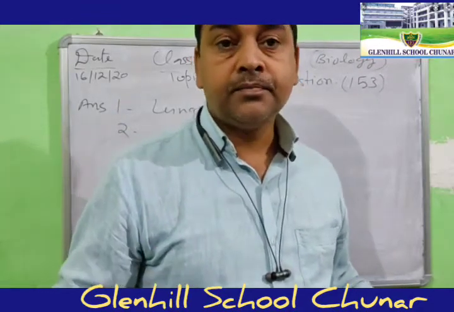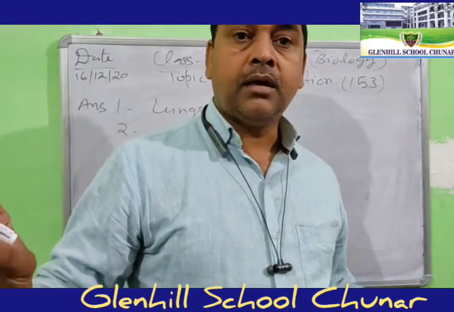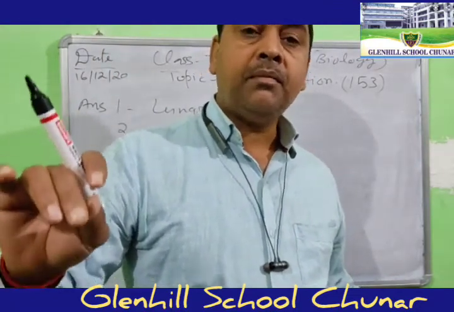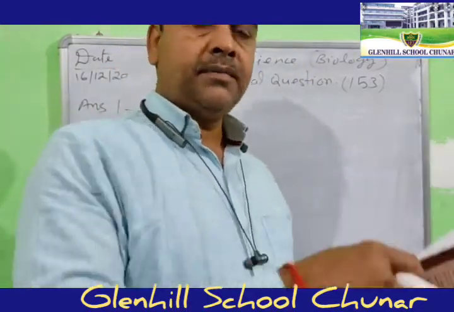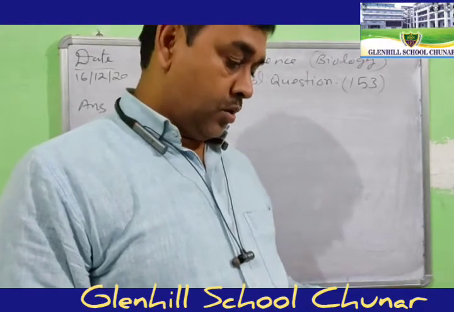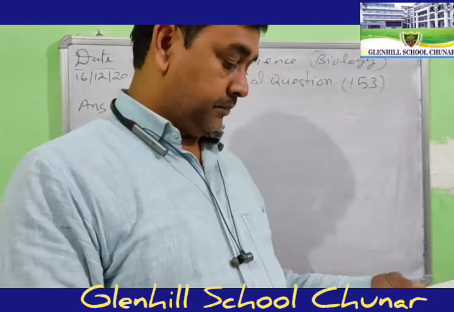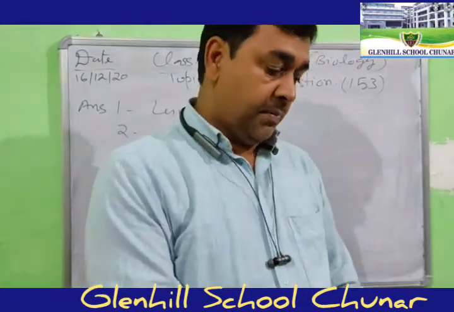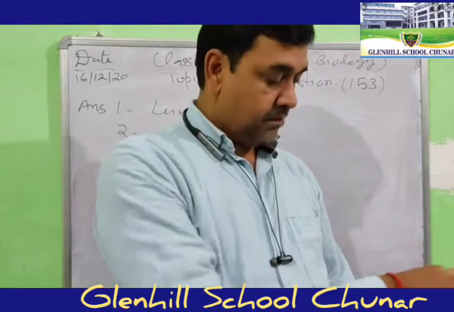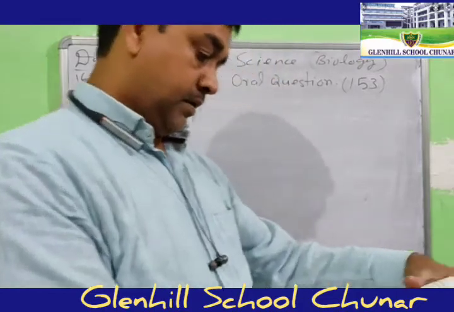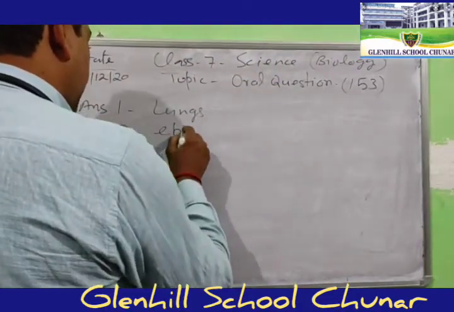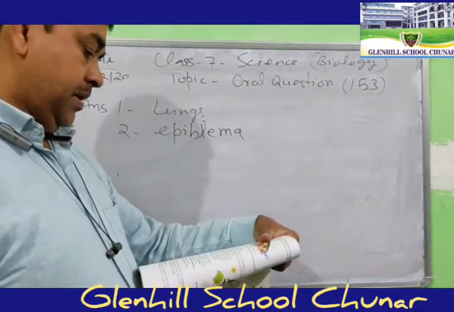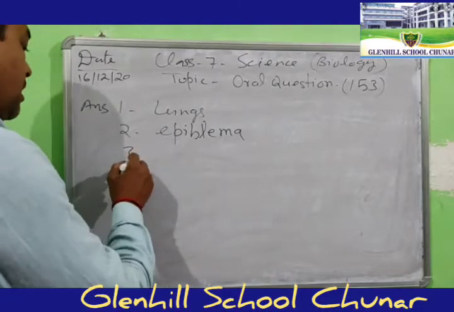The small pores found on the surface of the stem are called lenticels. Stomata, lenticels and epiblema, you can see on page number 152. Epiblema, E-P-I-B-L-E-M-A.